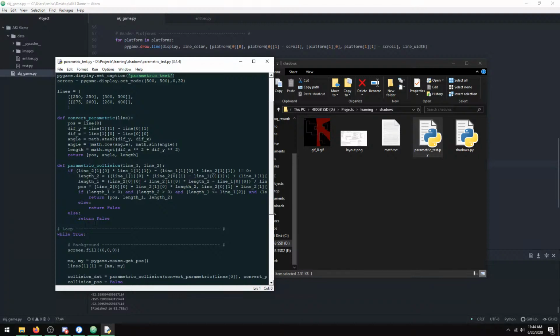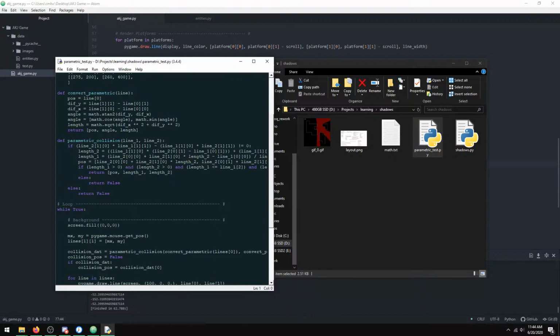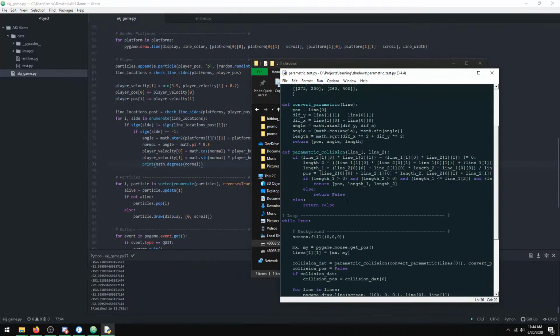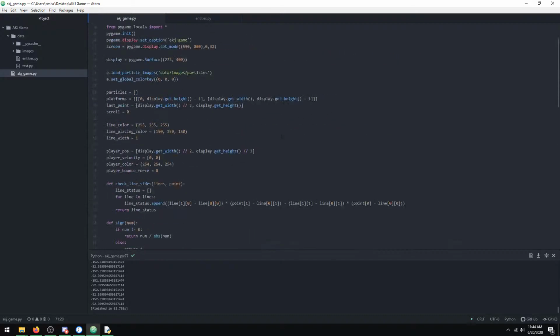So I just draw a line in the direction of movement, like where I've moved, and if there's a collision, I bounce. I do need to get the type of collision, or I could use both. Actually, the other algorithm is probably faster, so I'm going to use both, and I'm going to use the parametric one if it detects a collision with the other one.